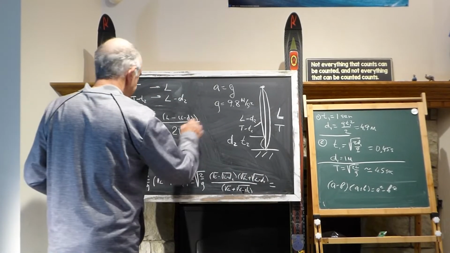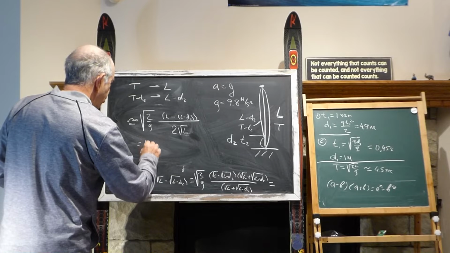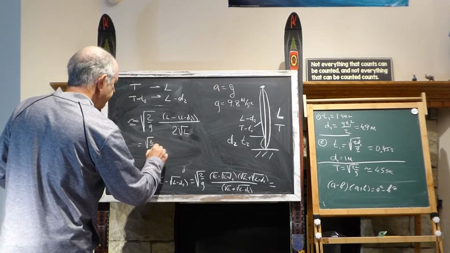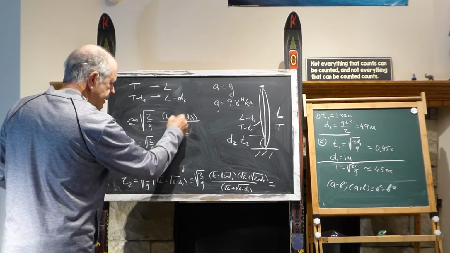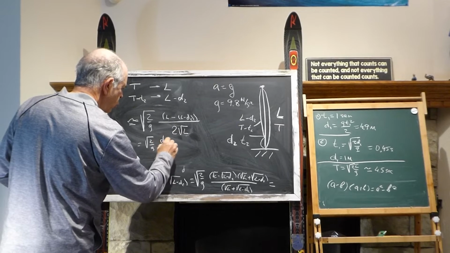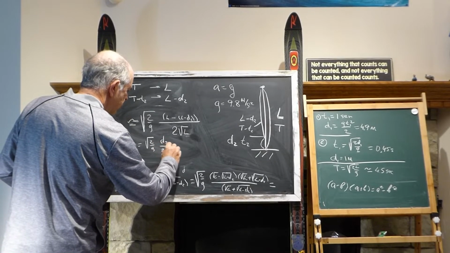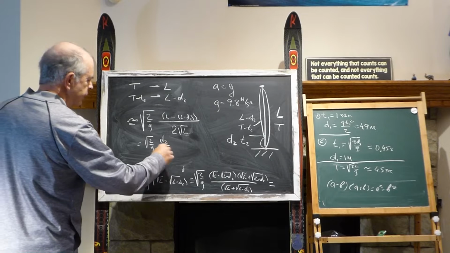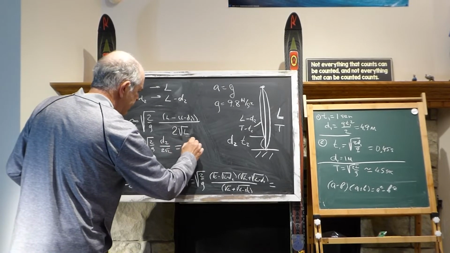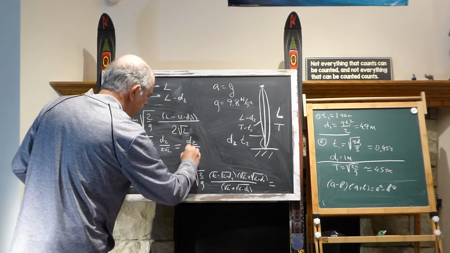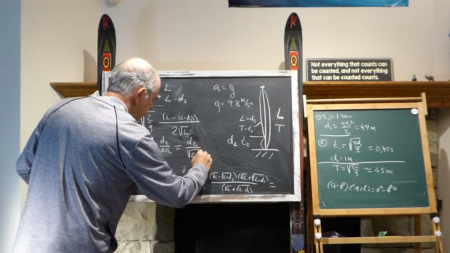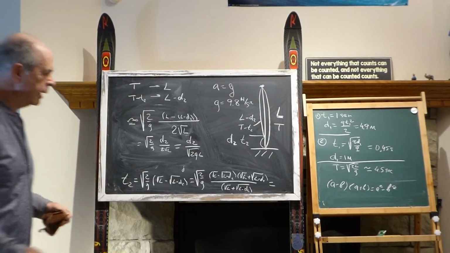So it's approximately the same, and then I do 2g, this and this are gone, it would be D2, and this would be 2 square root of L, and then I put this inside, and I receive g2 divided by square root of 2gL. And this would be my time.